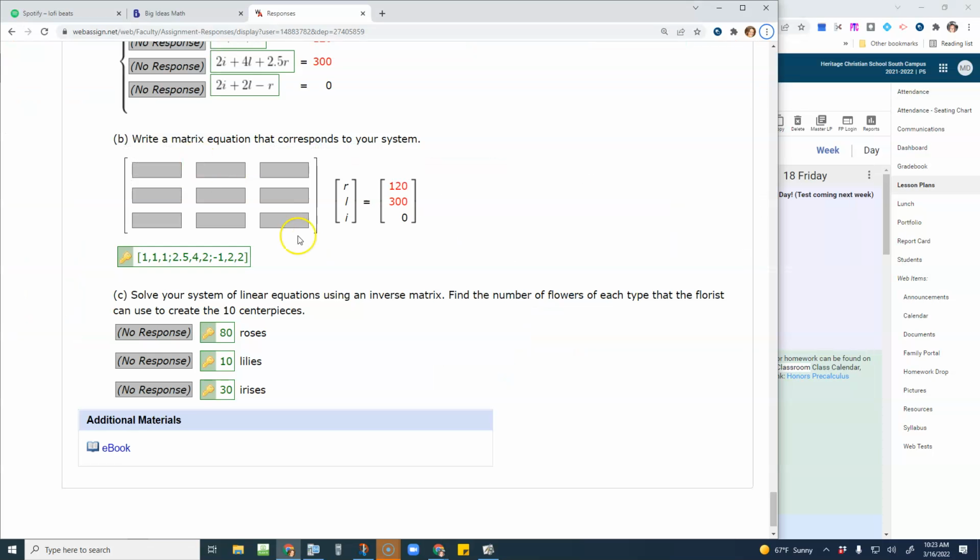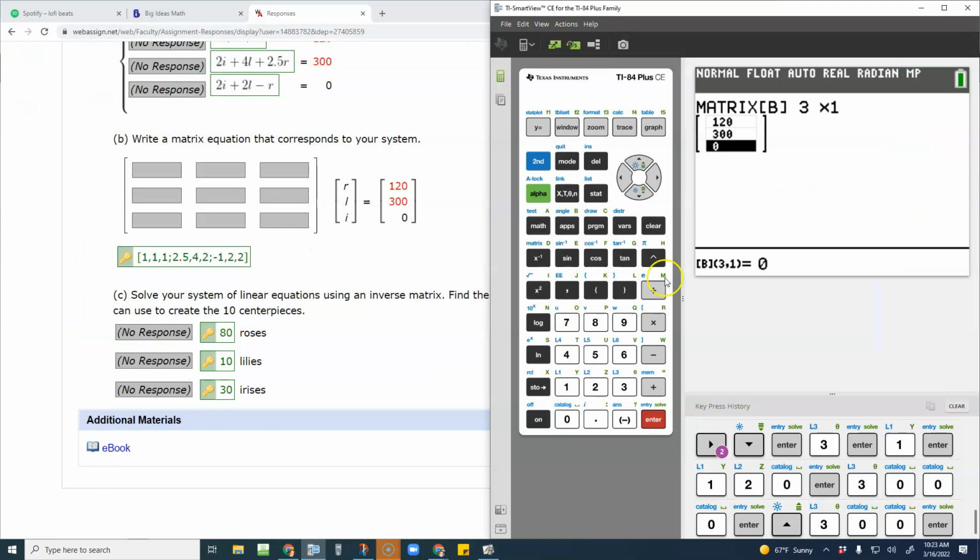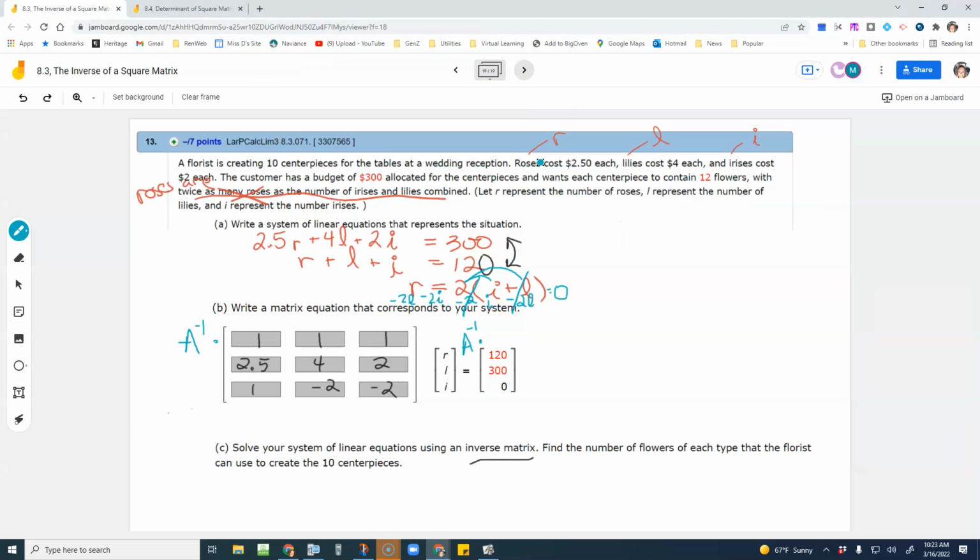Ryan, that's the part I got confused on. For the last equation where you put R equals I plus L, I put 2R because I thought it said... You have to think about what it's saying. The number of roses, twice as many roses as the number of irises and lilies combined. So you combine the irises and lilies, you double that, and then you have how many roses? Think about the English and what it means in math.